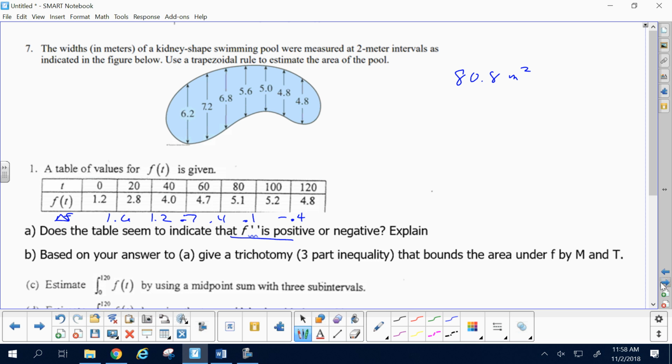What do you notice about the change in those changes? Those changes are decreasing. So I said something like the changes in F are decreasing.